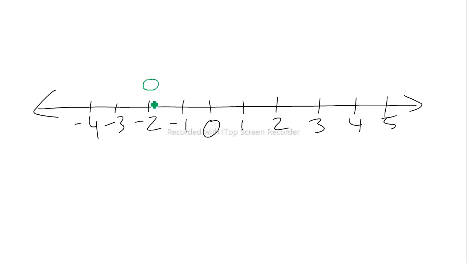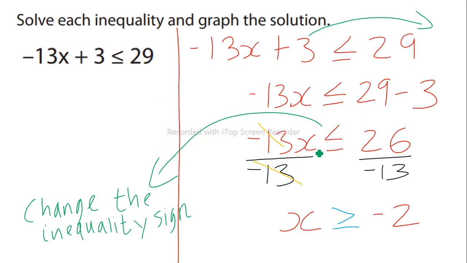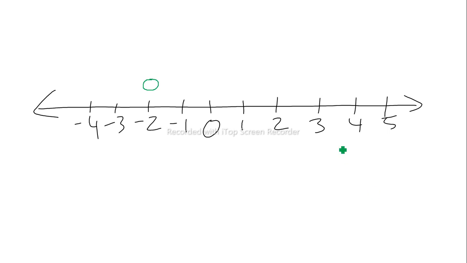The reason why it's on negative 2 is because we have a negative 2 here. We're dealing with negative 2. And so here we're going to put a circle, but we're going to shade in the circle.